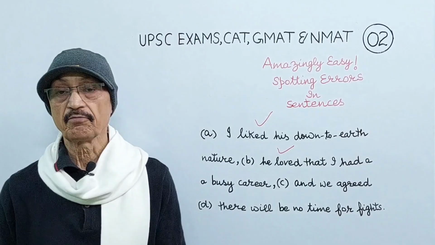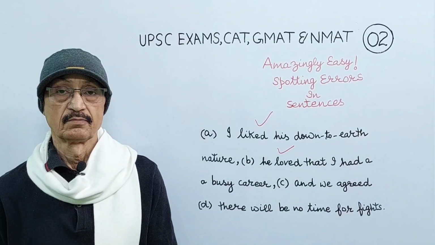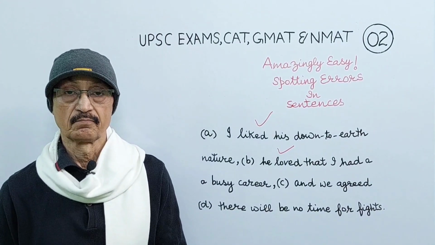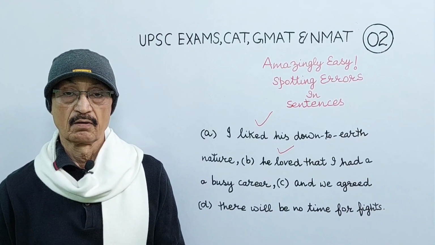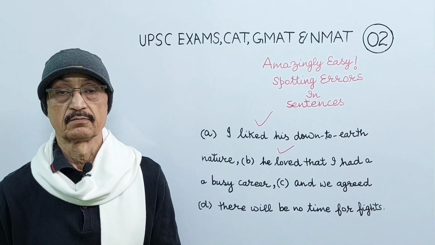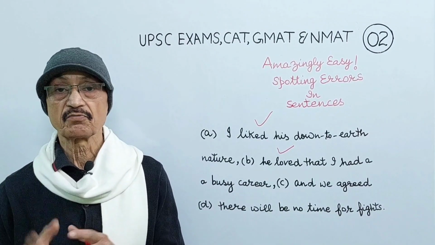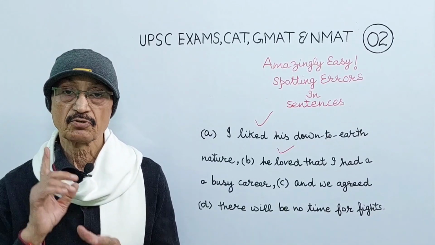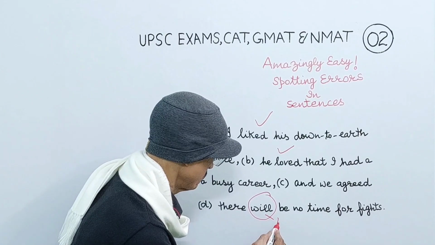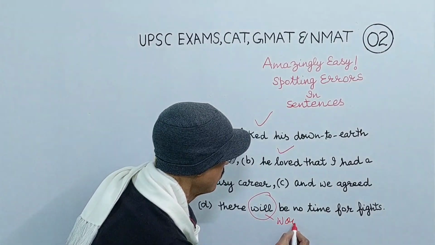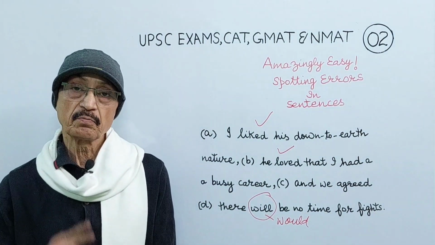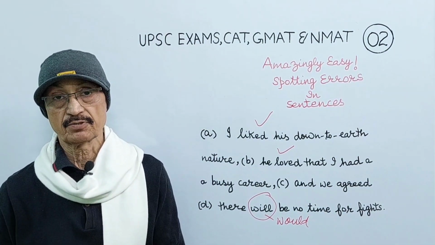There will be no time for fights. What is the mistake in this part? The error is that of will. We should not use will here, we should use would. You have to maintain the sequence of tenses.